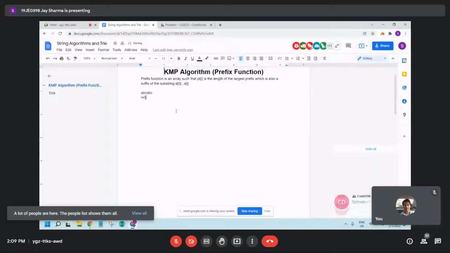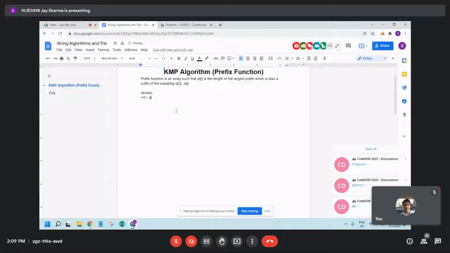For i equal to 0, you are just considering the string A. For i equal to 1, it is the string AB. For i equal to 2, it will be the string ABC and so on.